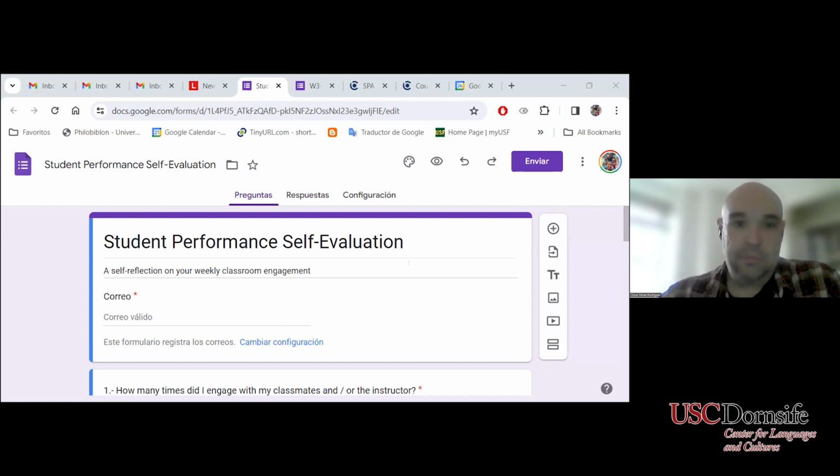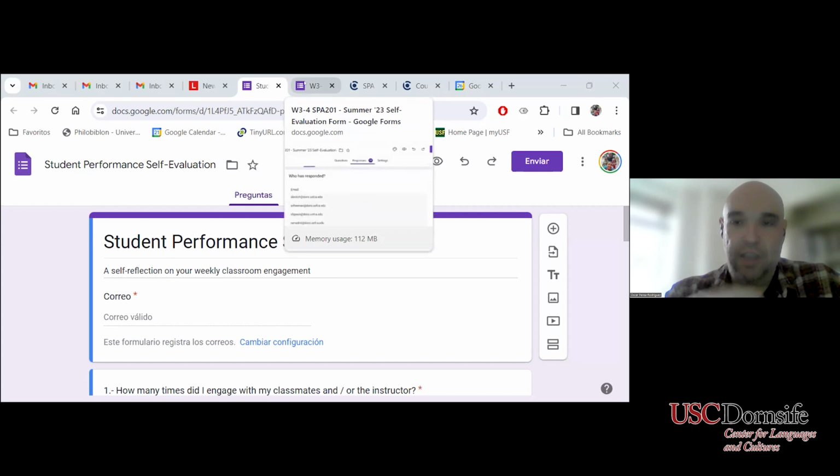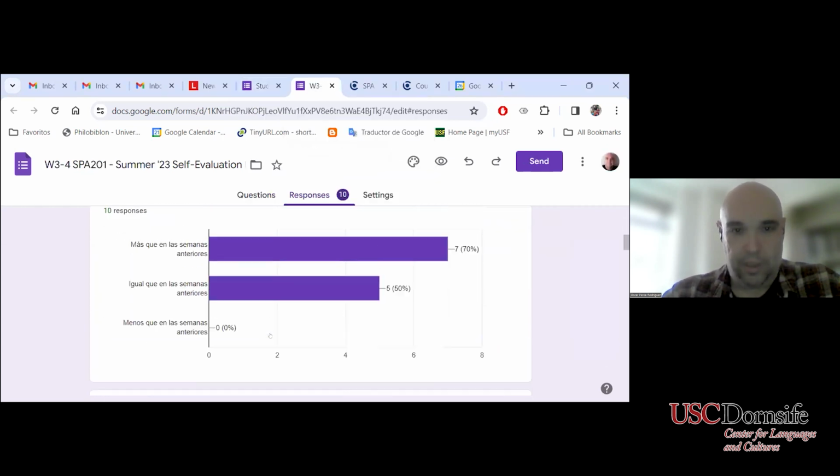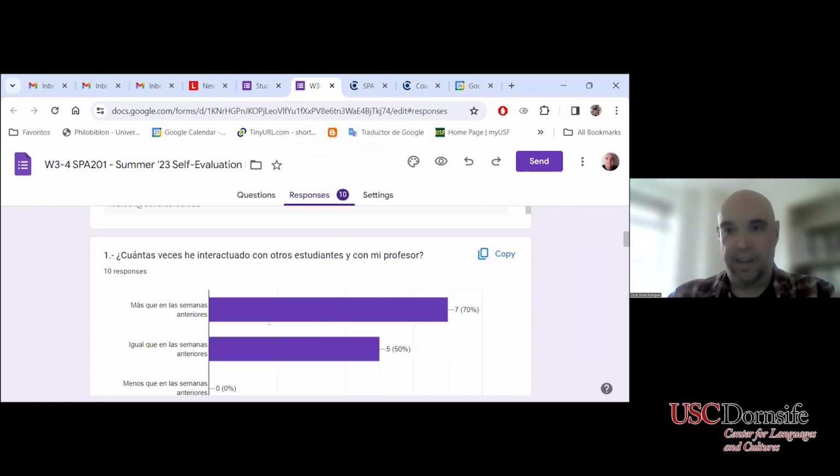So it's very simple. I decided to use the Google form for two main reasons. The first one is that students are absolutely used to making good use of these forms. And the second reason is personal, because at the end, you can not only perceive the individual response, but also select the group so that you can have a clear perception in a very graphic way.